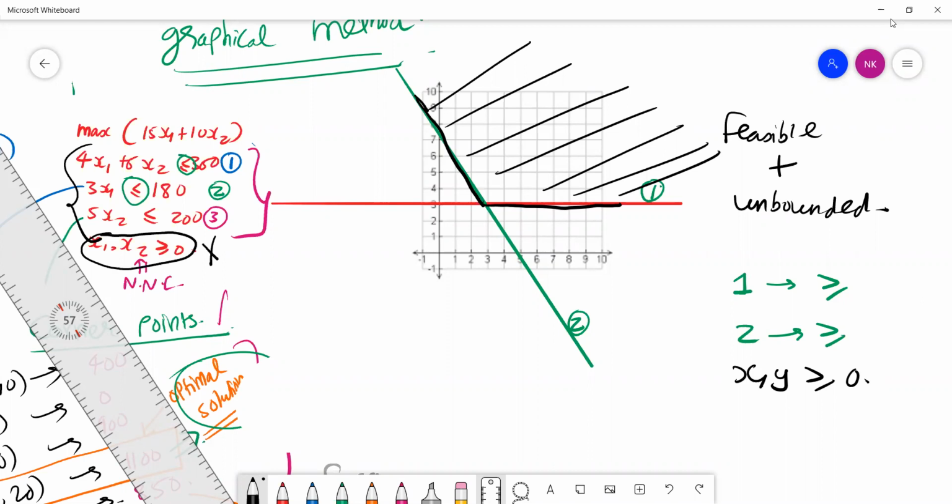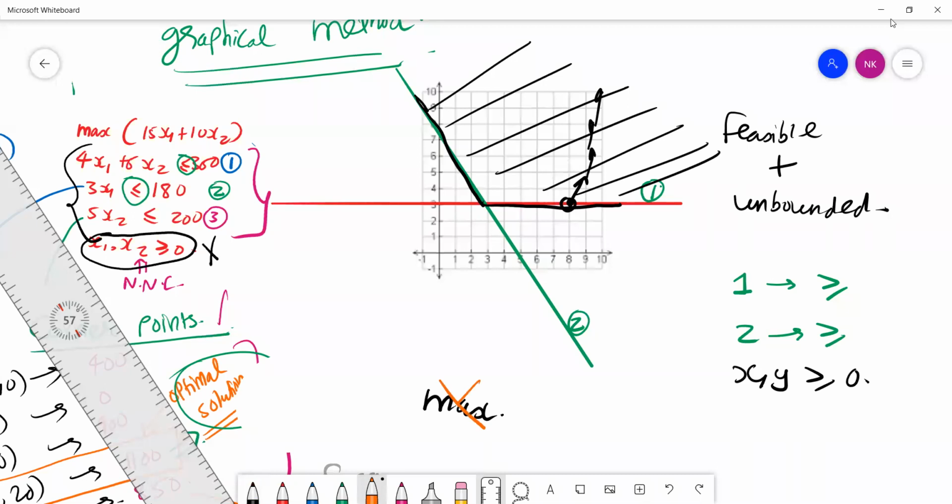Over here, the objective function you will be dealing with won't be a maximization function, because if you consider maximization and take any point over here, then by moving in the top direction you will always get a better answer. So it won't be a maximization problem.